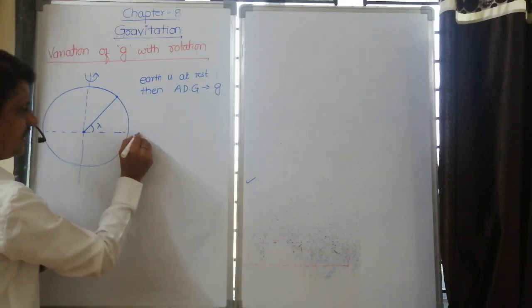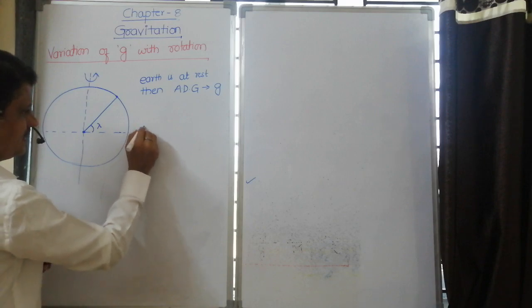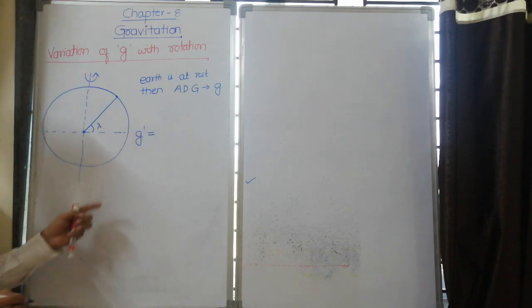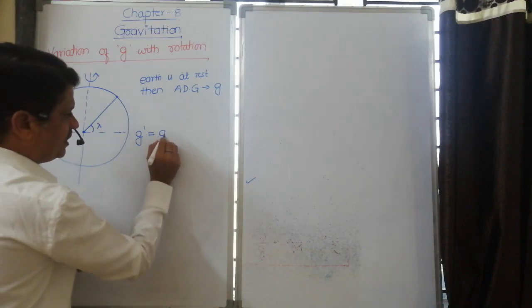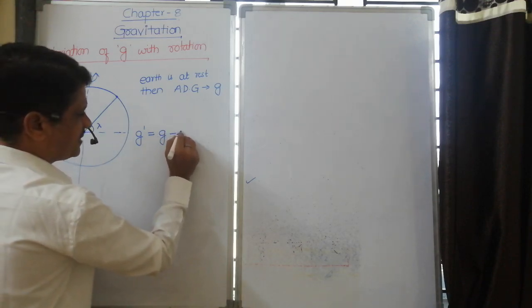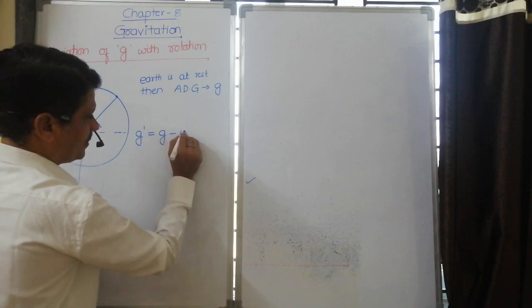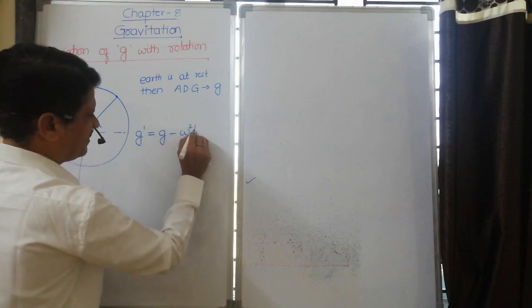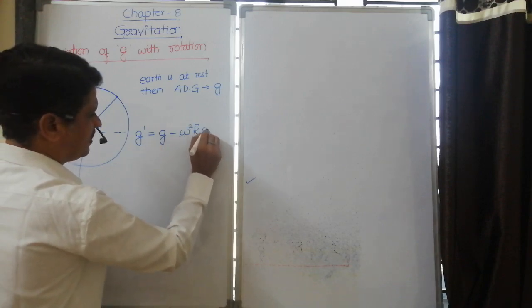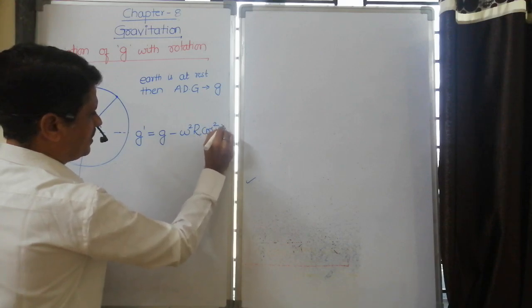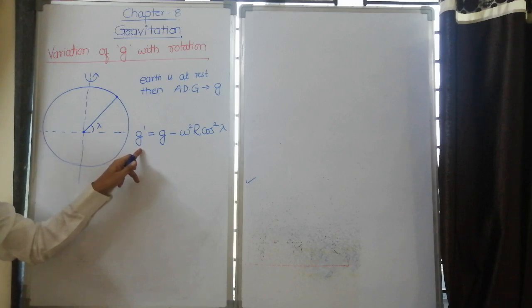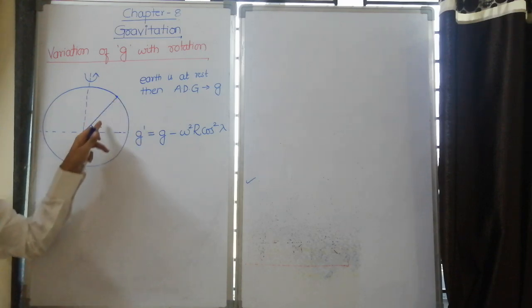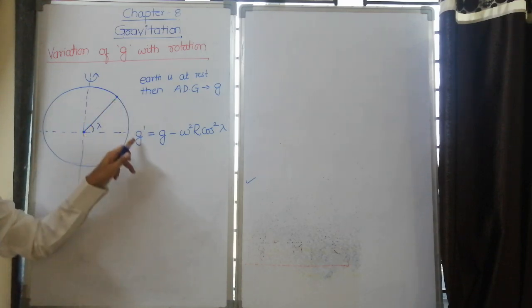When earth is rotating, acceleration due to gravity is given by g dash is equal to g minus omega square r cos square lambda. Here g dash is the acceleration due to gravity at latitude lambda.